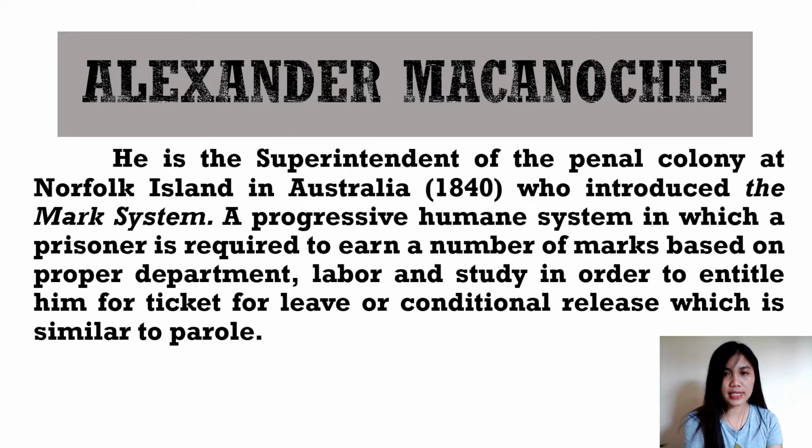And we have Alexander Maconochie. He is the superintendent of the penal colony at Norfolk Island in Australia in 1840.